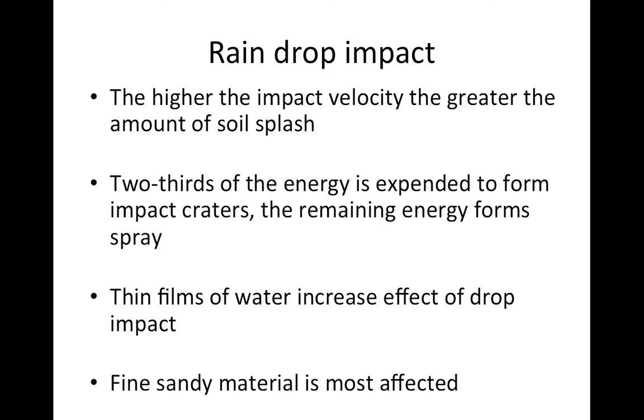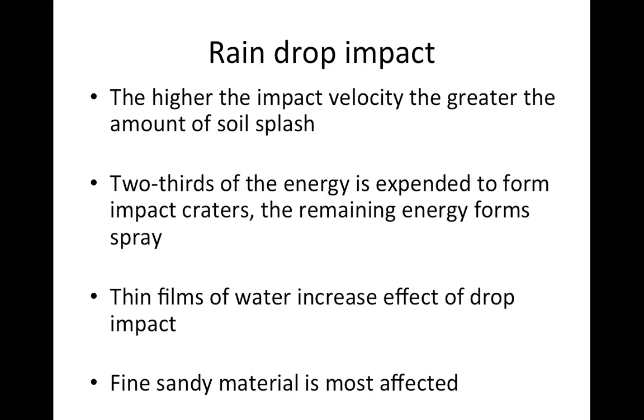So that mass and energy that the raindrop is carrying as it falls is transferred into the soil, and then that energy can be transferred to the soil particles to move them. So these dot points here suggest that 2/3 of the energy that a raindrop has is actually expended to form those impact craters, and then 1/3 is left over to form the spray, right, which is carrying the soil particles away.